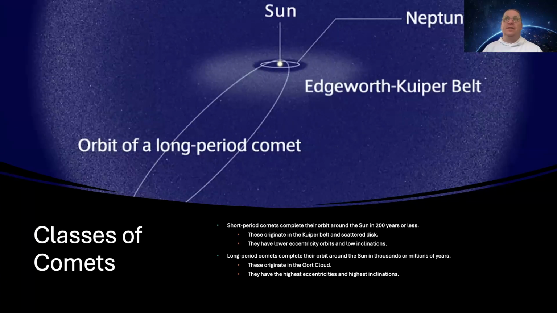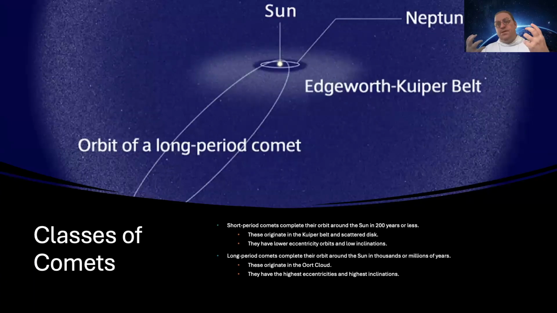Kepler's law basically tells us that the semi-major axis, the size of the orbit, is related to the period of the orbit. The size of the orbit cubed is equal to the period of the orbit squared, approximately.